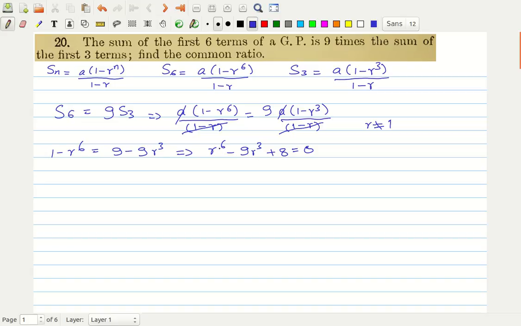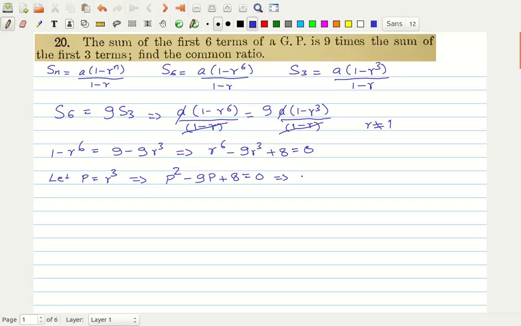So this is a 6th degree equation, but what we see is that the second term over here is r cube. So we can actually reduce this equation into a quadratic equation. All we have to do is, let's say, let p is equal to r cube. So this equation changes to p square minus 9 p plus 8 is equal to 0.